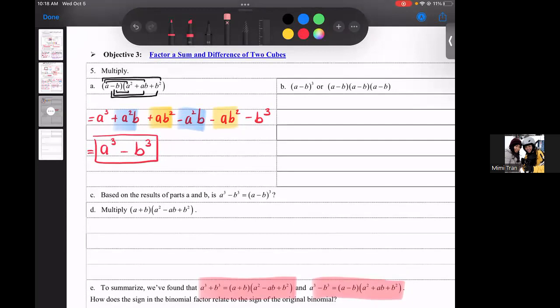Let's FOIL it out and see what happens. I'm going to FOIL the first two first. So a times a is a squared. What else? A times minus b is minus ab, minus b times a is minus ab again, and then minus b times minus b is positive b squared.